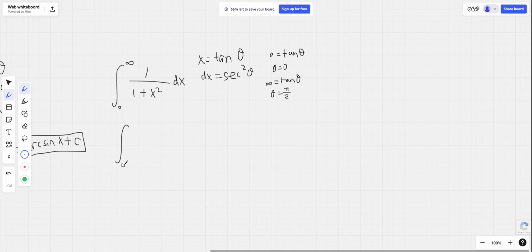So our integral becomes from 0 to pi over 2 of, again, we must replace the differential also, secant squared theta d theta, and on the bottom we have 1 plus tangent theta squared.